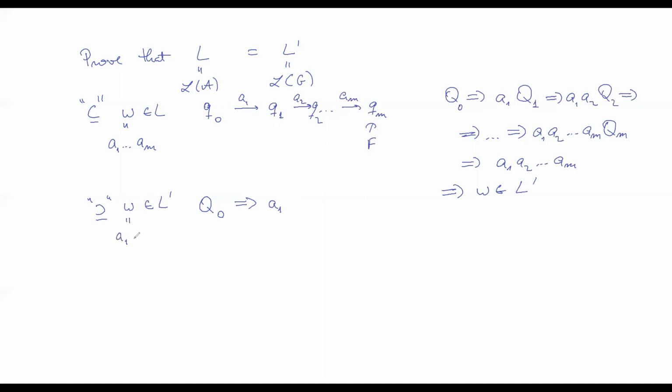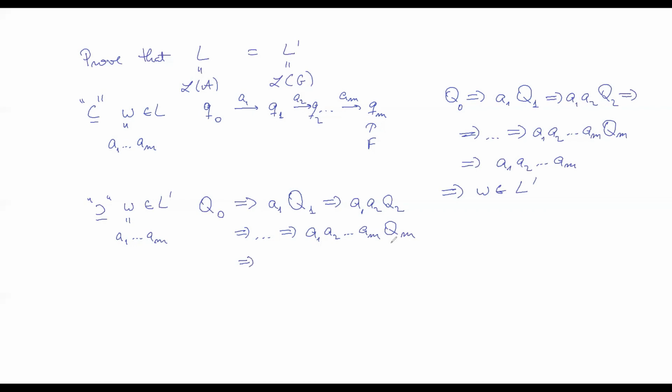Again, W is of the form A1 to AM, and when you do that, you only have productions of this type. There is the symbol that you generate and some non-terminal. And then Q1 introduces one more letter, A1, A2, Q2, and so on. So eventually you have introduced, and really there are no other types of production in the grammar I have introduced.